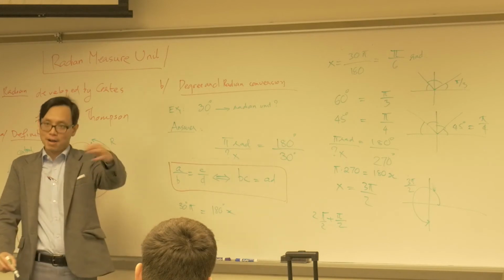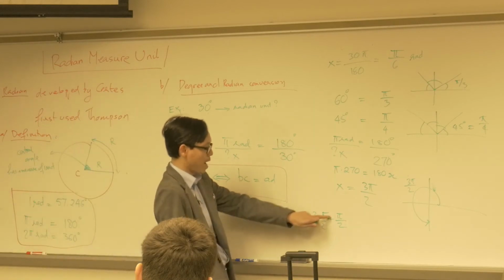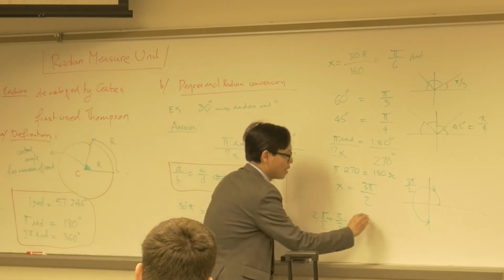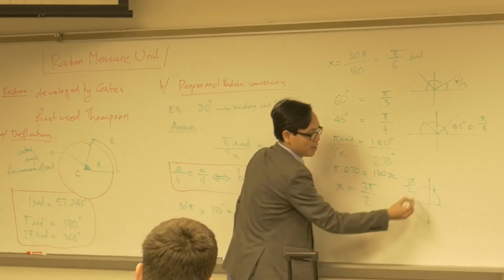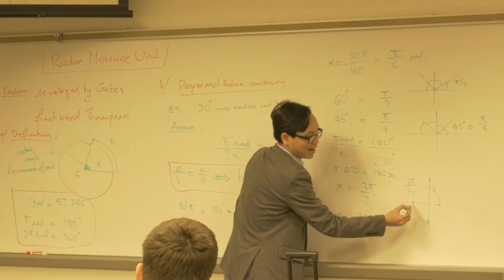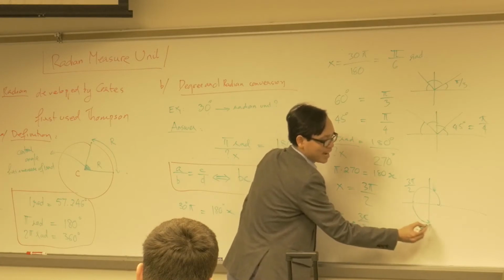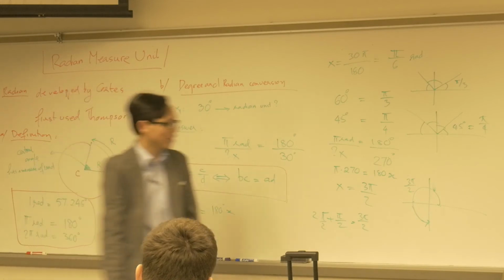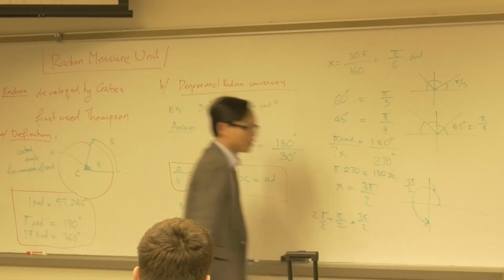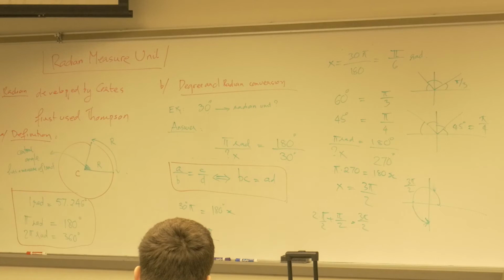Then you add the tops, so 2 pi plus 1 pi is 3 pi over 2. Like over here, we have pi from here to here, then you add another pi over 2, which is 90 degrees. Then over here is 3 pi over 2. Any question?